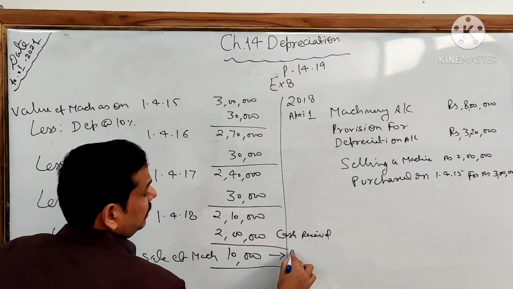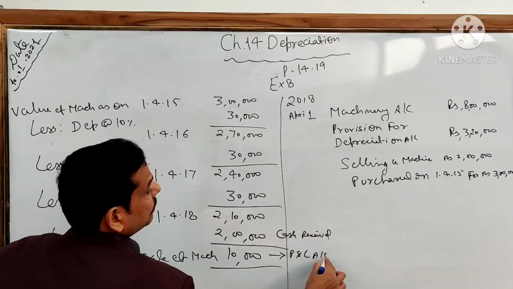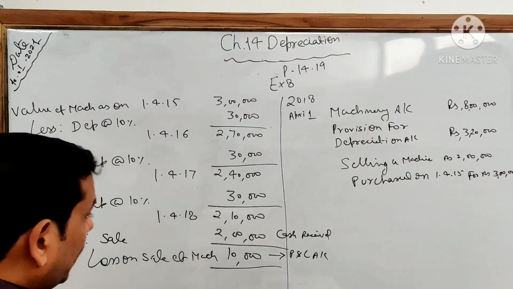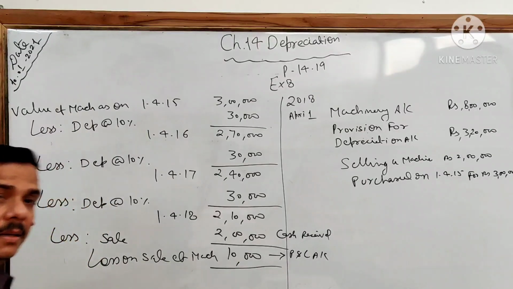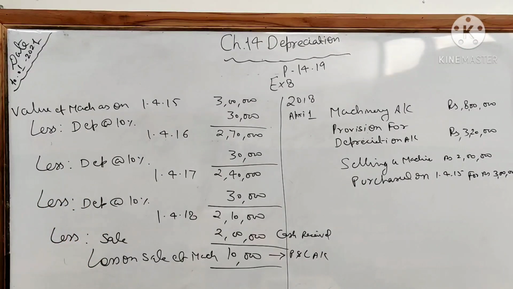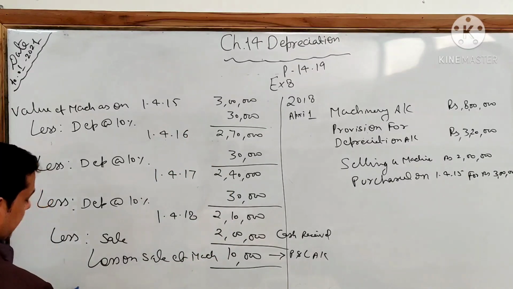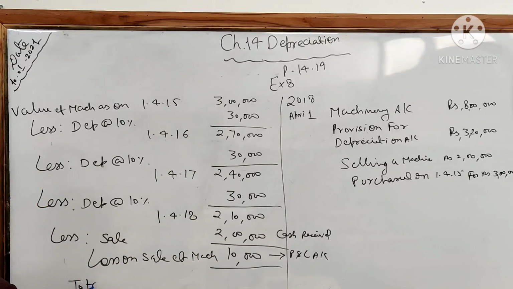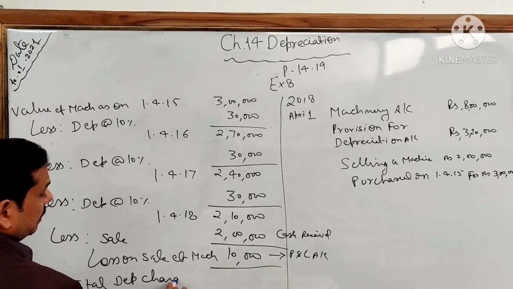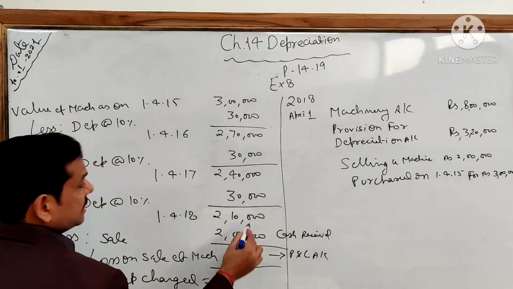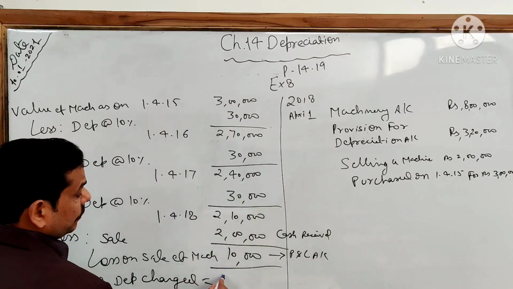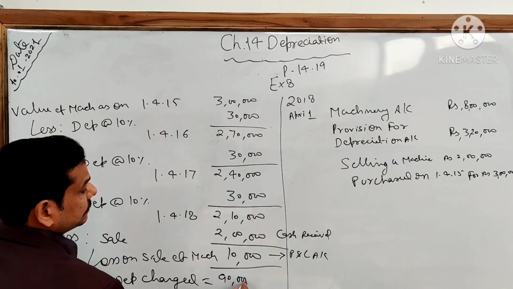That will go to the profit and loss account. Now your working notes are prepared. One more thing we will do: we will calculate the 3 years' depreciation and write it as total depreciation charge. So total depreciation charge, 1, 2 and 3, is equal to 90,000.